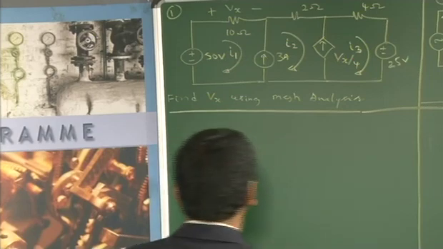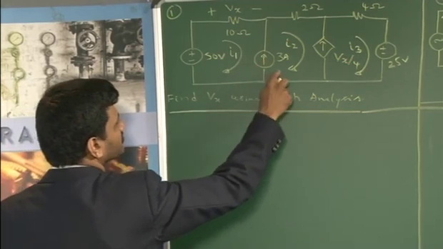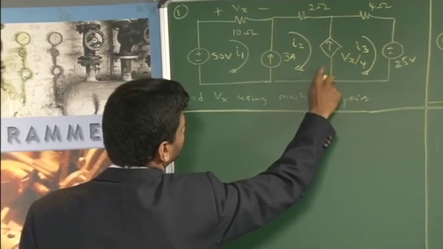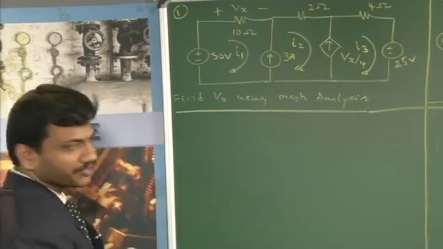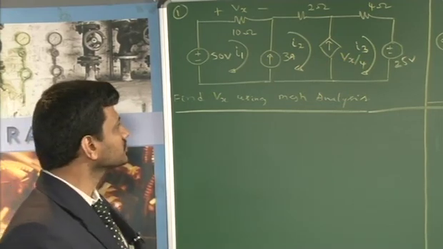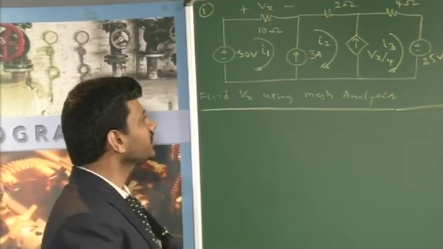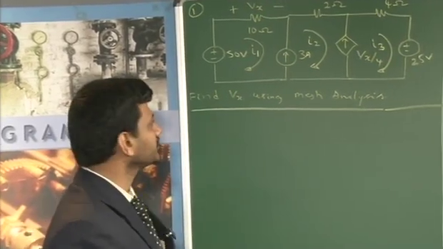We also observe that this is a current source which appears in common to two meshes, and this is one more current source appearing in common to mesh 2 and mesh 3. So, after the observation, what we need to do is first write the constraint equation which relates the current source value with the corresponding mesh currents.